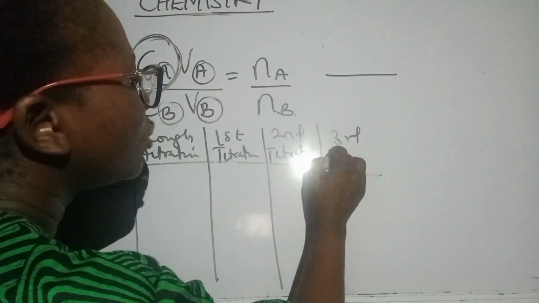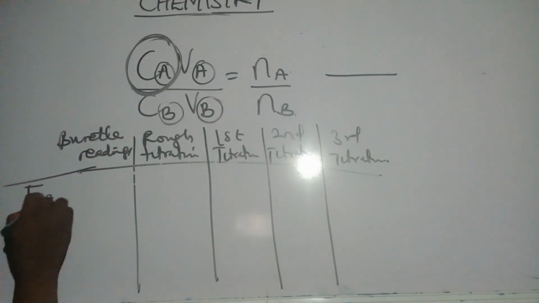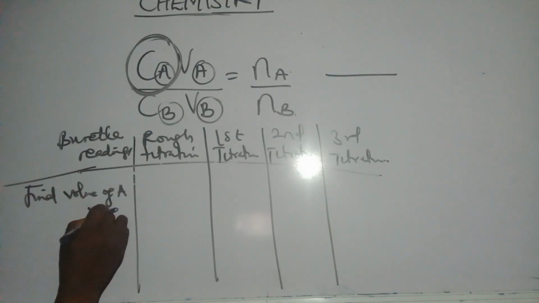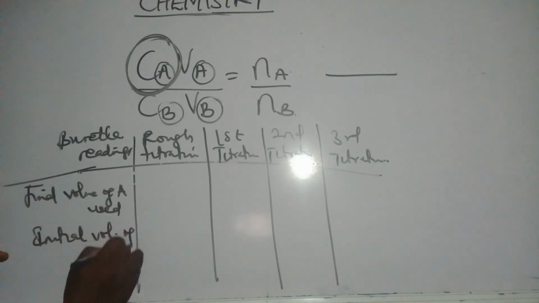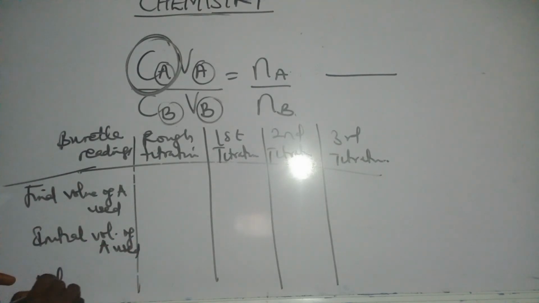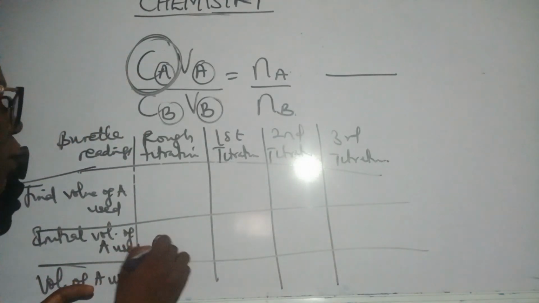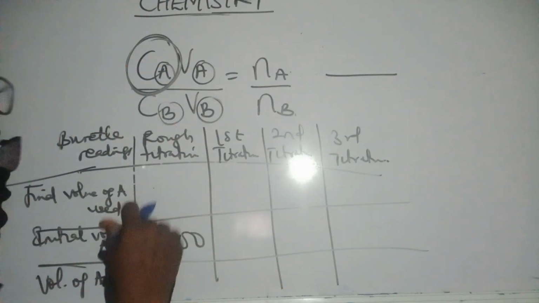Now, this is the final volume of A used, this is the initial volume of A used, and this is the volume of A used. I will advise you to always fill your burette up to 0 point, then titrate wherever it stopped.